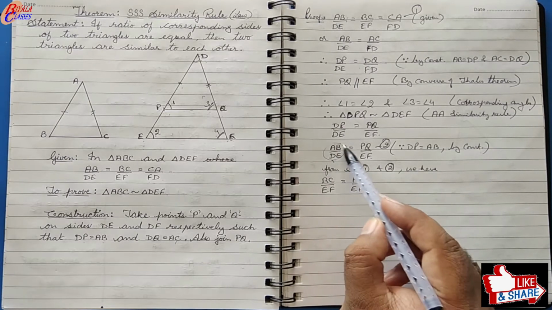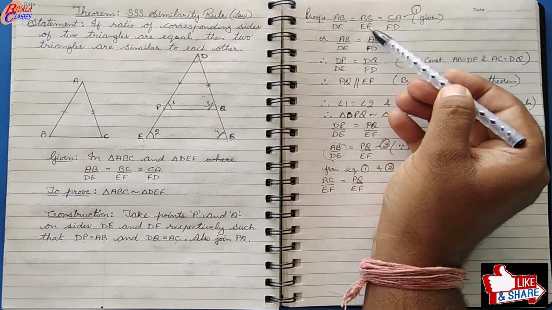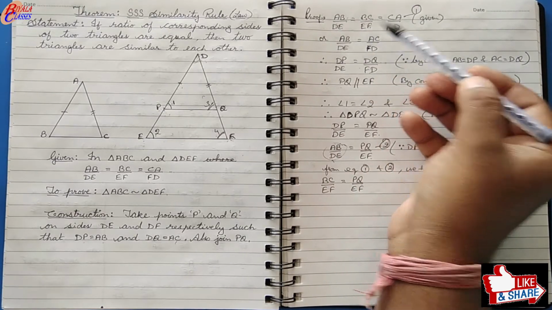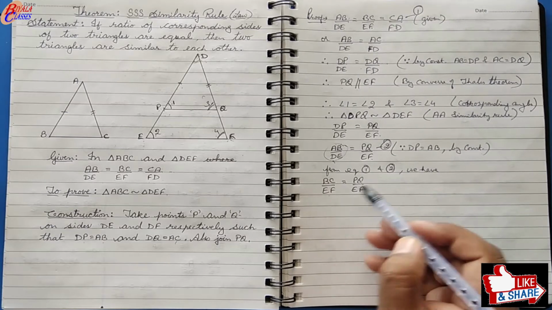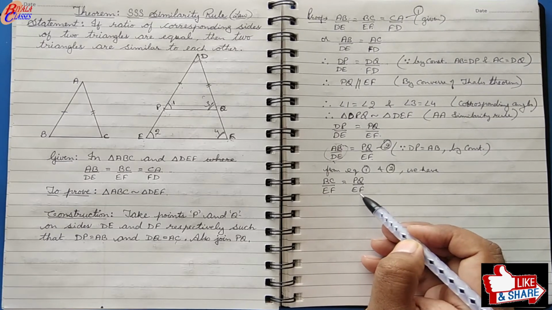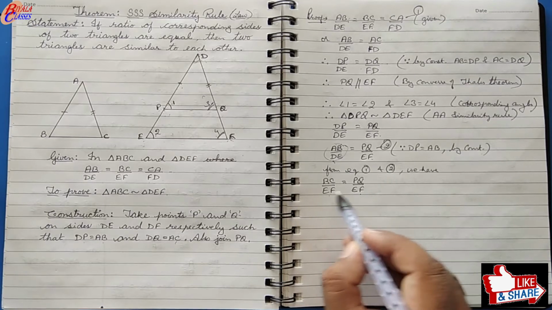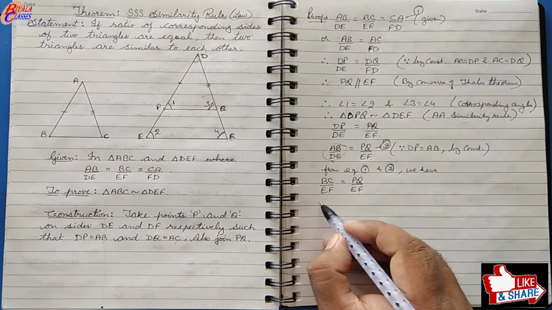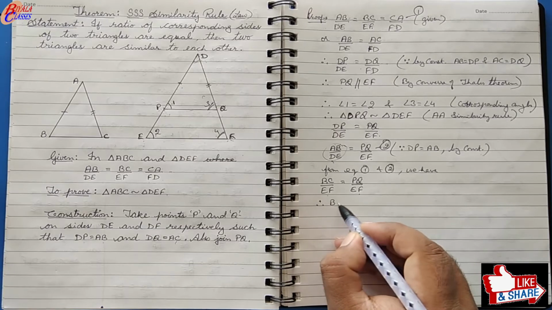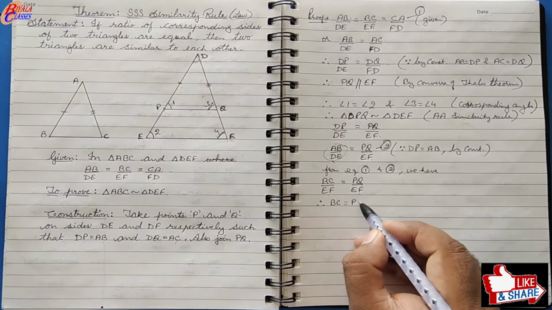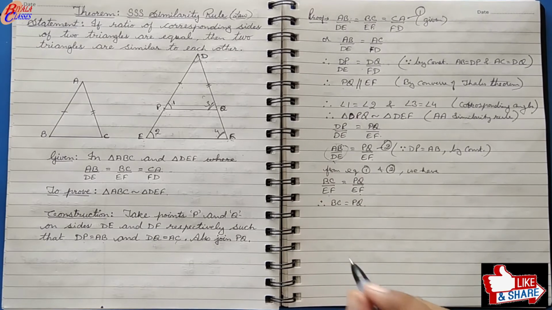Here we are replacing AB upon DE with BC upon EF. Now if you compare, the denominators on both sides are equal, therefore the numerators will also be equal. So BC is equal to PQ.